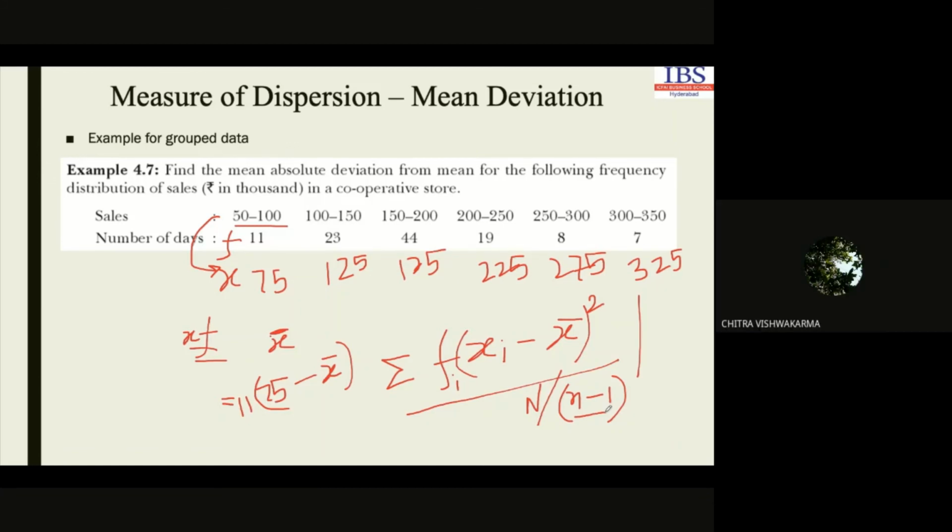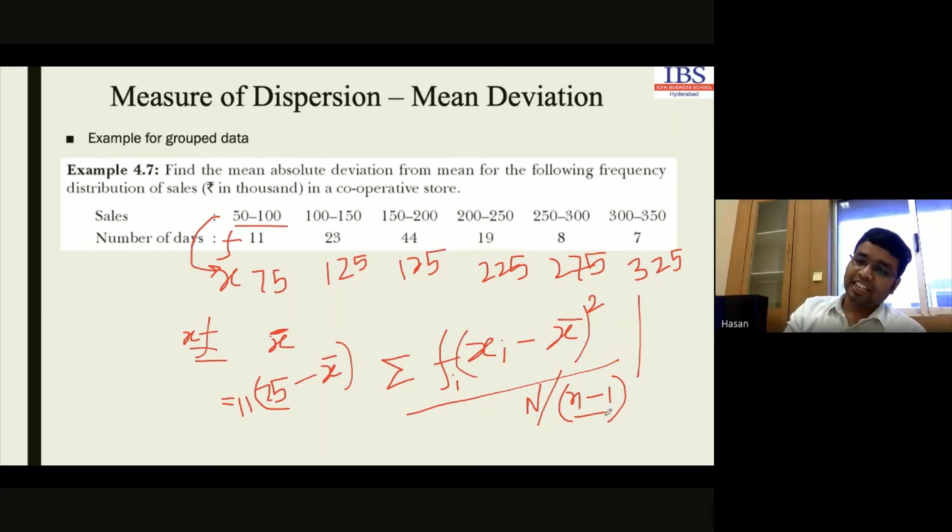Yes, sir. Now, if we take the average and divide it, it will be our mean square deviation. We just take the deviation, square it, and take the mean. That's why it is mean squared deviation. If we take the square root, then it is root mean squared deviation.